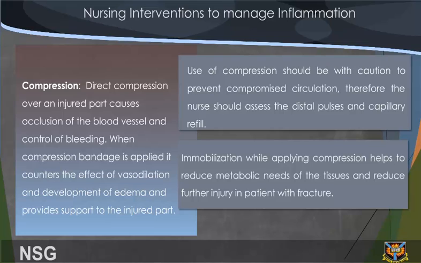Use of compression should be with caution to prevent compromised circulation. Therefore, the nurse should assess the distal pulses and capillary refill. Immobilization while applying compression helps to reduce metabolic needs of the tissues and reduce further injury in patients with fracture.